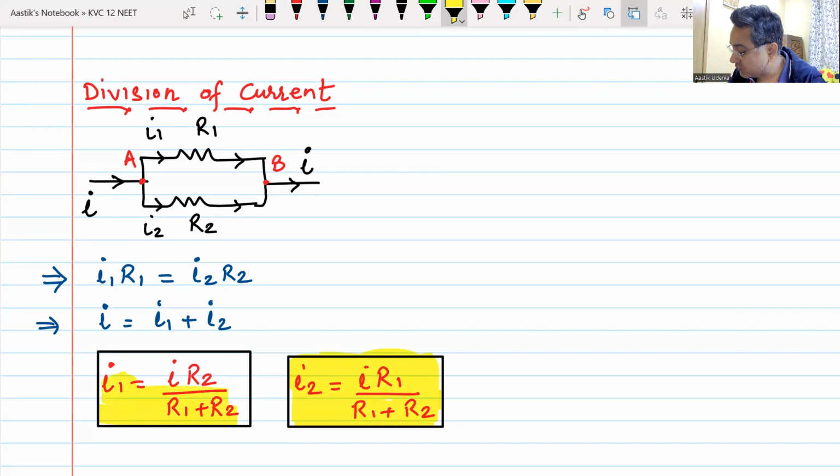The branch which has less resistance will get more current. The branch which has more resistance will get less current. Do we understand this? Yes, sir.